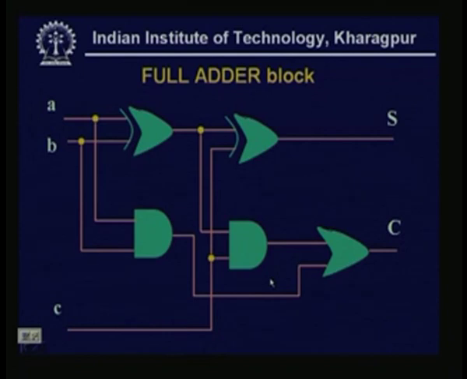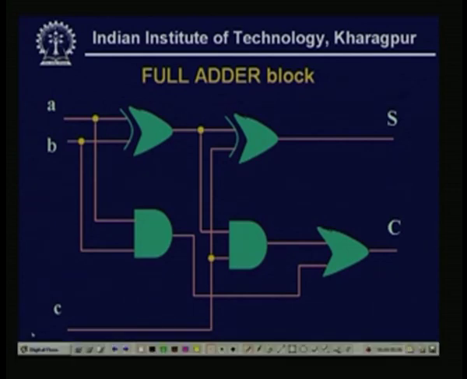Now, before we see the larger design of the multiplier, we recapitulate the full adder circuit. As we remember, with the 2 operands, another operand is there which is the carry in, because as it is a 2-bit adder, the previous bit carry is also considered. So, S is A xor B xor C, and carry is AB plus BC plus CA.